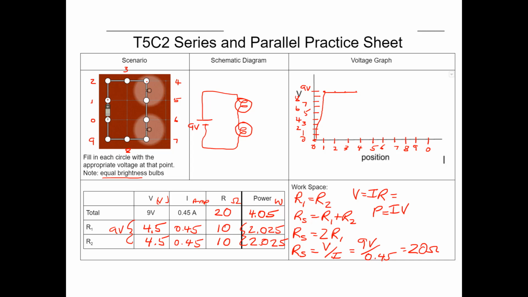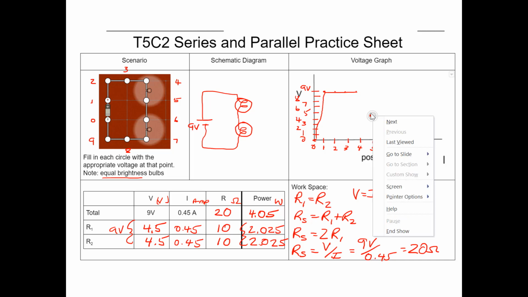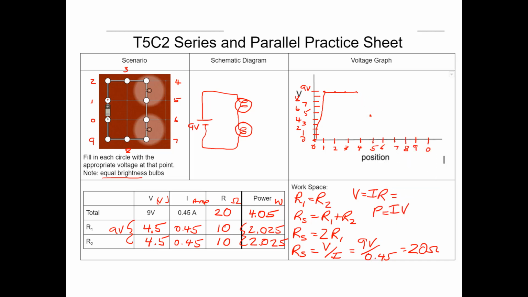My voltage drop from 4 to 5 is 4.5 volts. So from 9 minus 4.5, I get 4.5. Is it right about here? So I drop 4.5 volts. From 5 to 6, the same voltage. And then from 6 to 7, I drop another 4.5 volts.